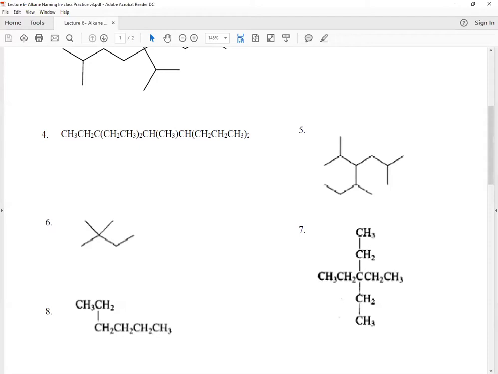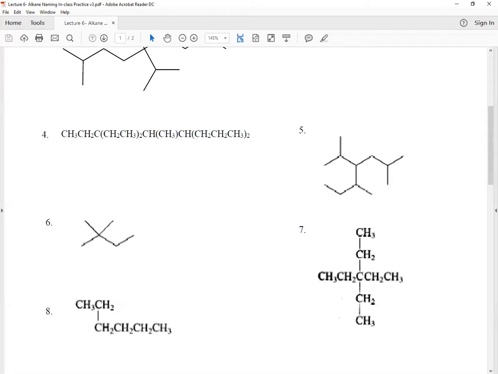Okay. So now we just need to name everything. So we've got ethyl, ethyl, right? Those are both ethyl groups. This is a methyl group. And what's this? A propyl group, right? So we've got ethyl, ethyl, methyl, and propyl. So we need to go alphabetical order, right? So this would be what? 3, 3-diethyl.